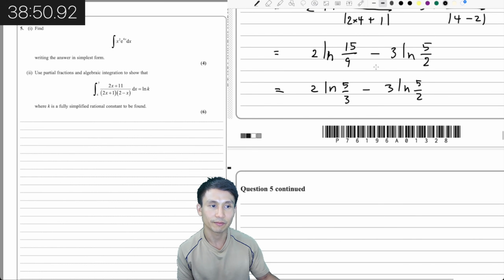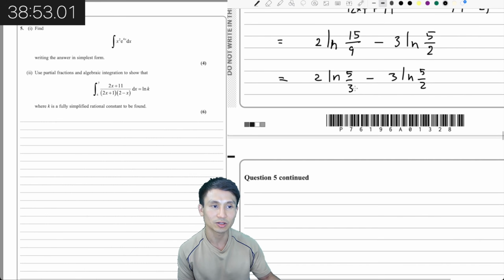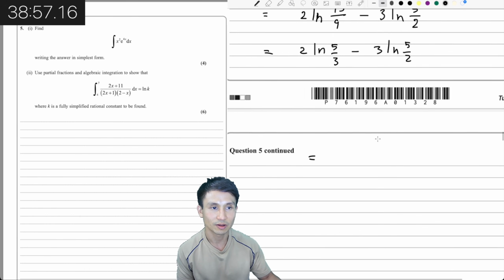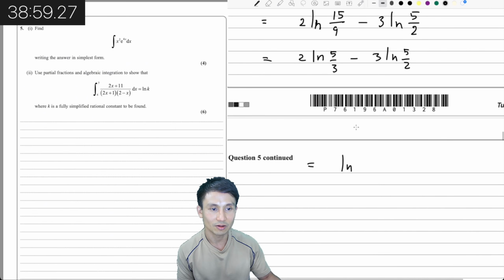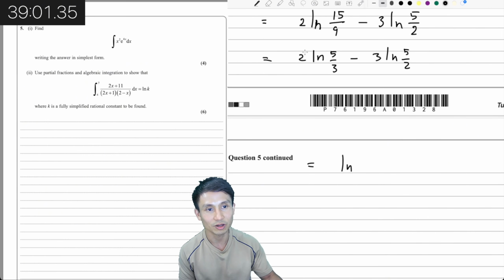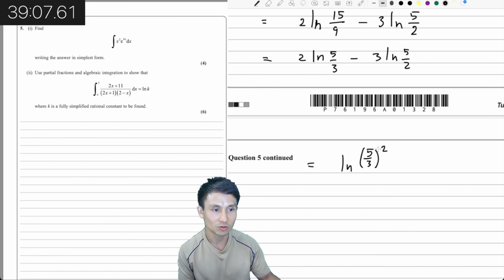Okay, let's see. We can kind of merge the thing. Yeah, let's merge them. So it's like ln. If I bring the number in front up as a power first, I'm going to get 5 over 3 to the 2, so 2 up here, we get this. But then minus here means that we're going to divide the arguments, where the other one is doing the same thing.